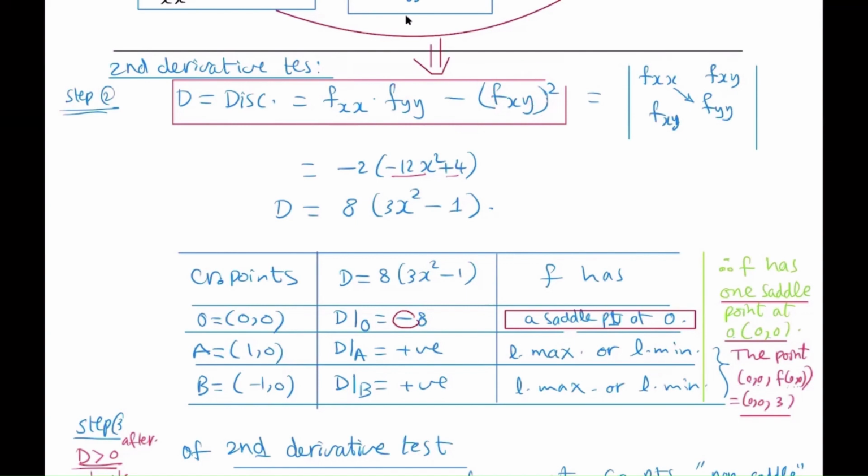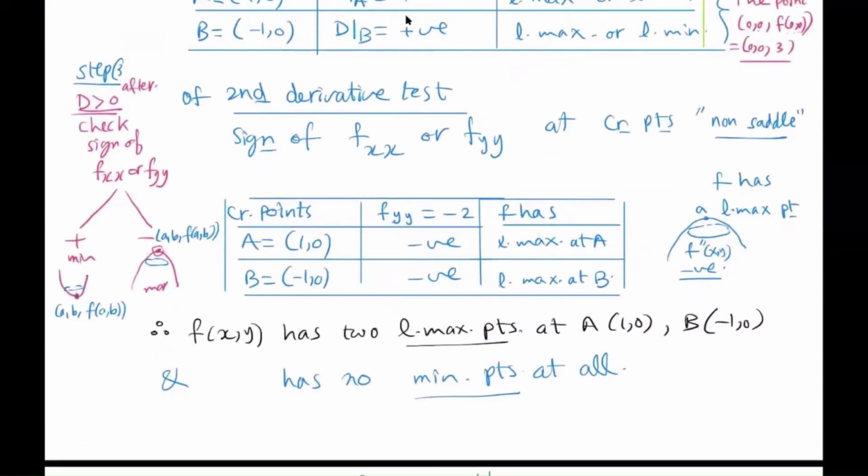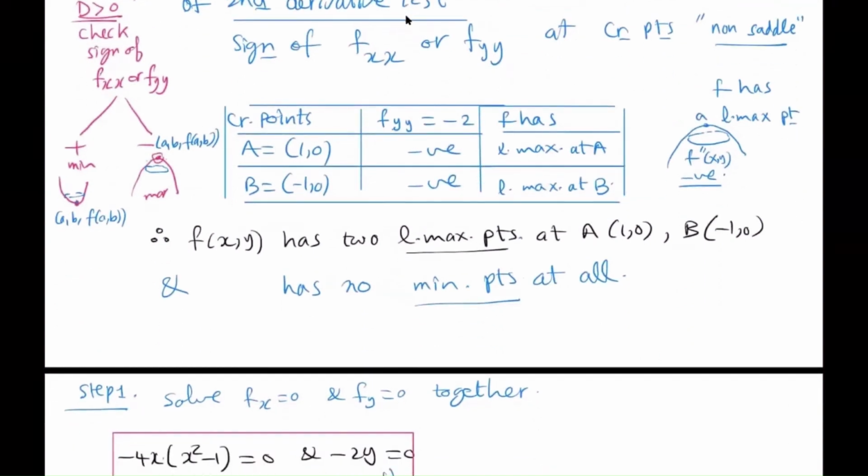So when D is positive, this has to be greater, bigger than this. fxx times fyy must be bigger than fxy squared, which is positive. Therefore, fxx times fyy must be positive in this case. When some product is positive, either the two things are positive or the two things are negative together. So they have the same sign, in the case of positive discriminant.